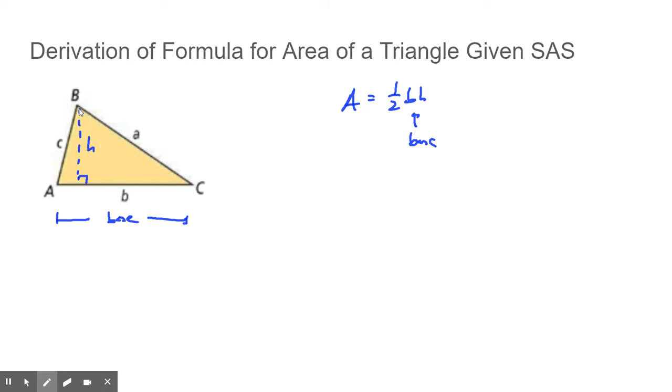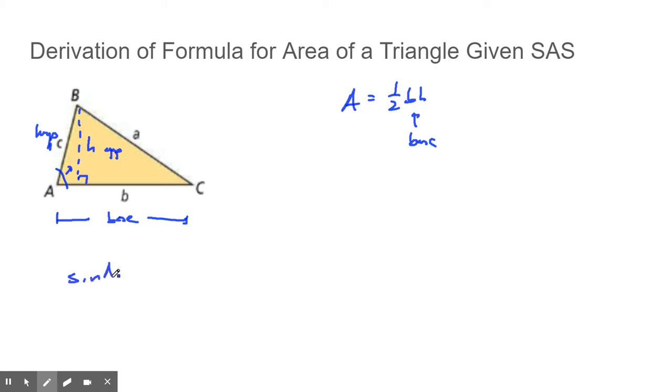But now, to find what H is, I'm going to use trigonometry. I'm going to use sine. So if this is A, H would be the opposite side. C would be the hypotenuse. And then this bottom side would be the adjacent side. I don't care. So opposite and hypotenuse, that is sine.